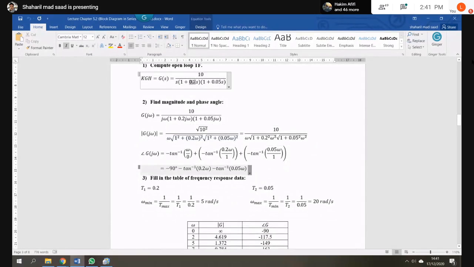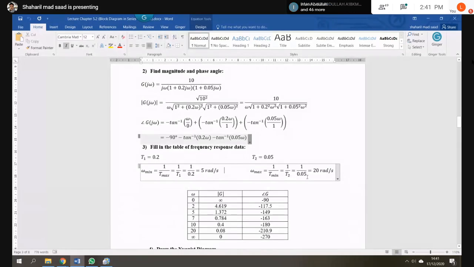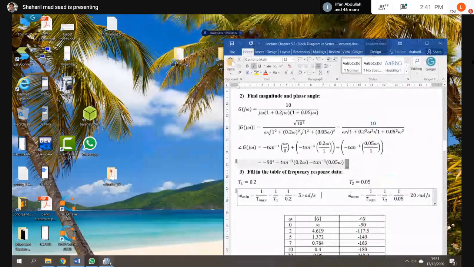From this you can find the minimum T, in order to find the maximum omega, and for T max you can find the minimum omega. So this is your cut line, 5 and 20.